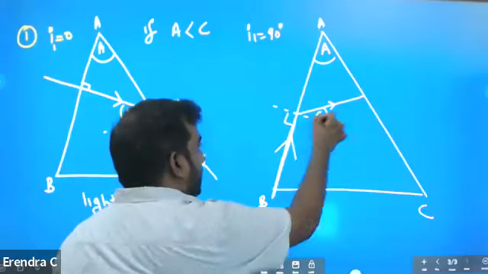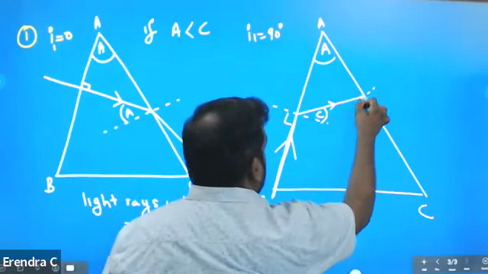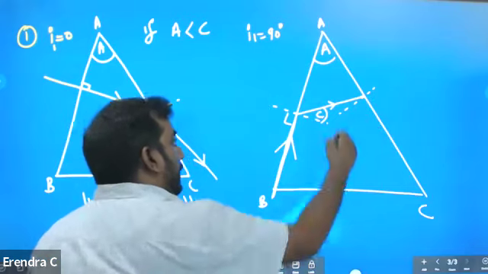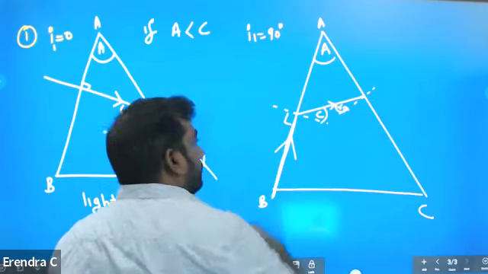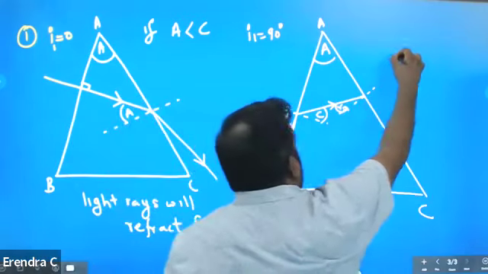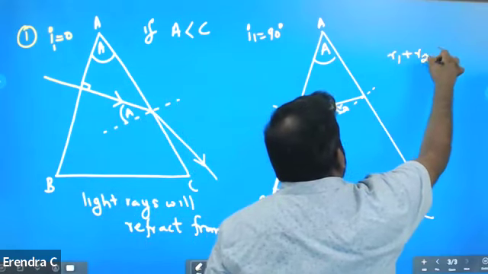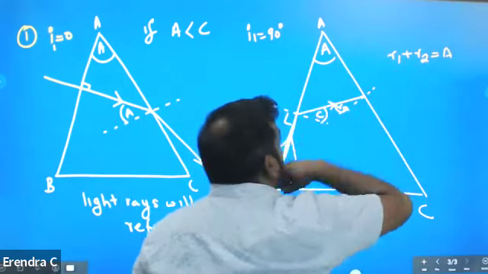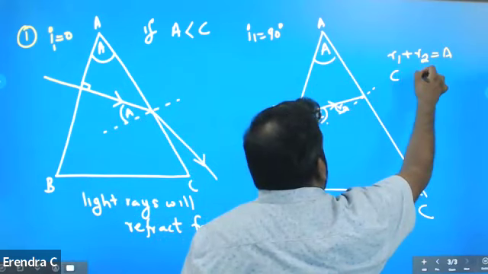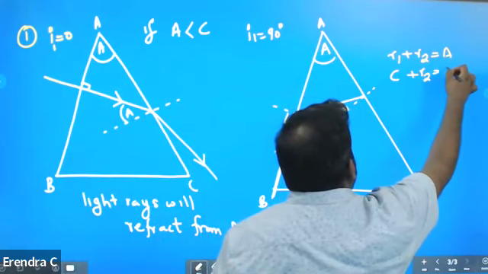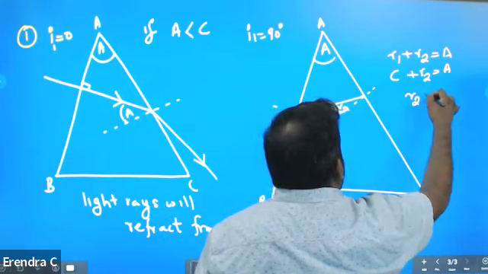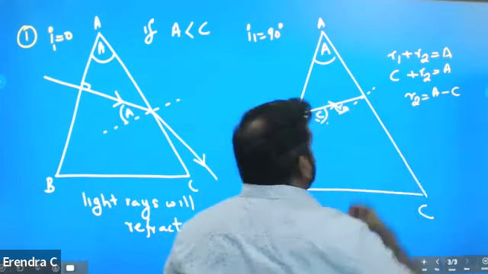So 90 here means the critical angle. Let's say R2. You know R1 plus R2 is equal to the prism angle. R1 is C, so R2 is equal to A minus C.